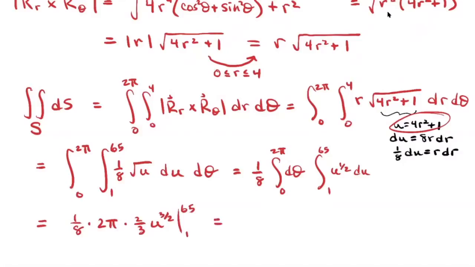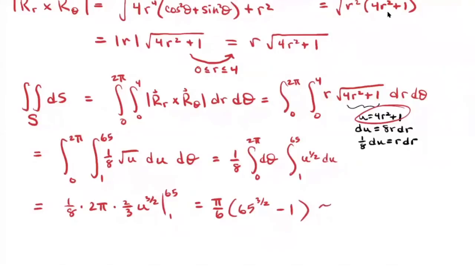So could I say pi over 6 times 65 to the 3/2 minus just 1 to the 3/2, which is 1. I'm not going to do any more with that. That simplifies. You could write this as pi over 6 times 65 square roots of 65 minus 1, if you want to do that.